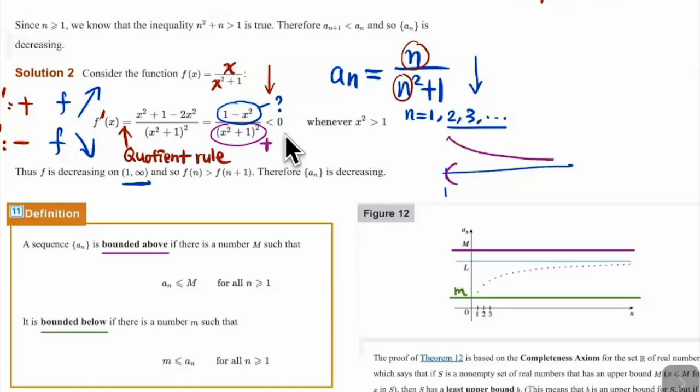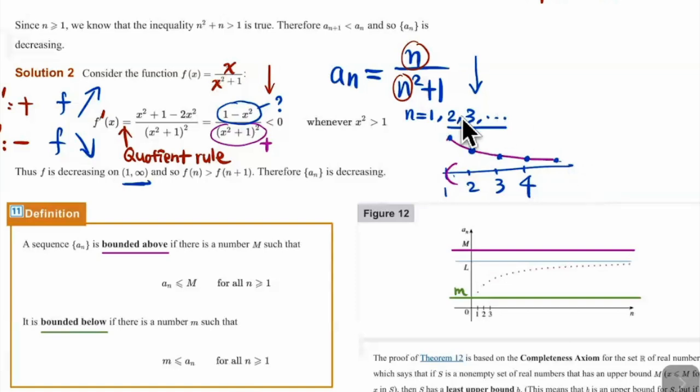The index over here is 1, and then 2, and 3, and 4, etc. So the function value will be decreasing. It follows the same track. So we prove that this function is decreasing on 1 to infinity because x is greater than 1. Then the related sequence is going to be decreasing because the index is 1, 2, 3, 4, etc. Okay, so that's another way.